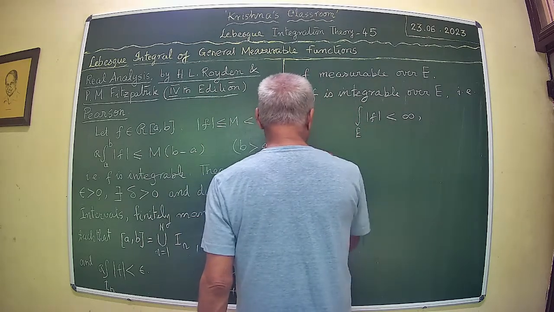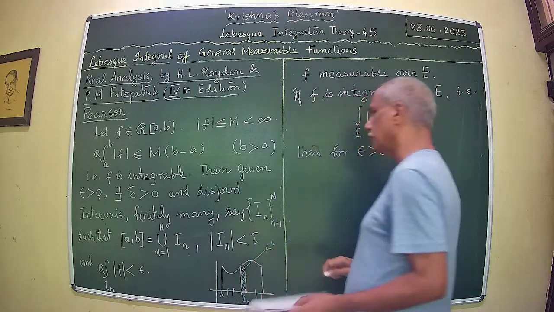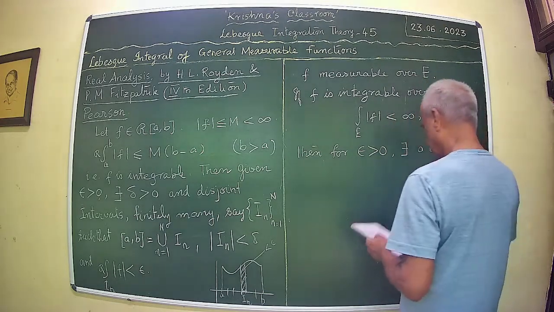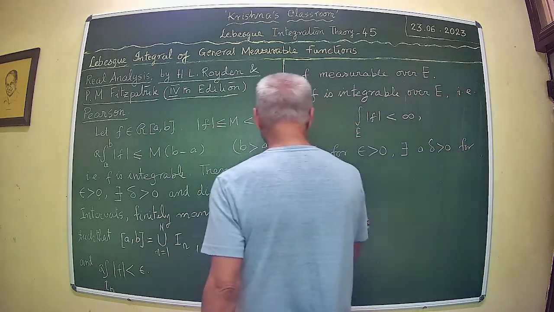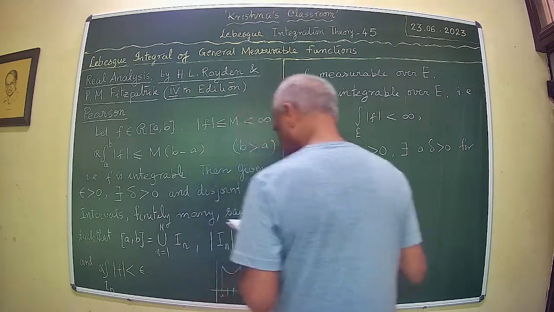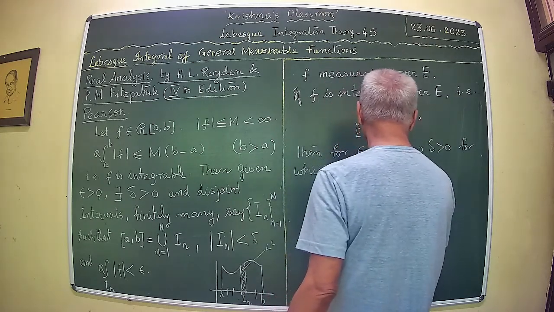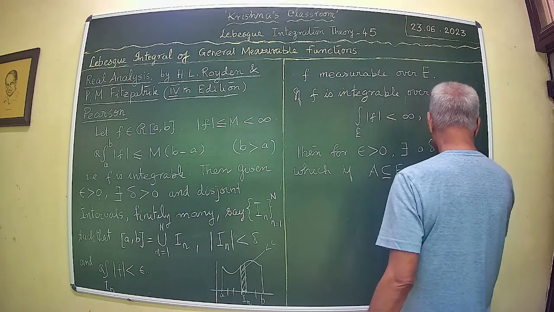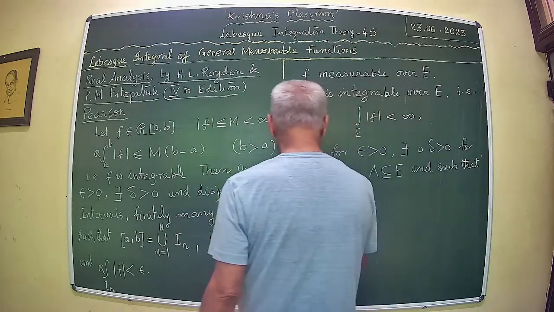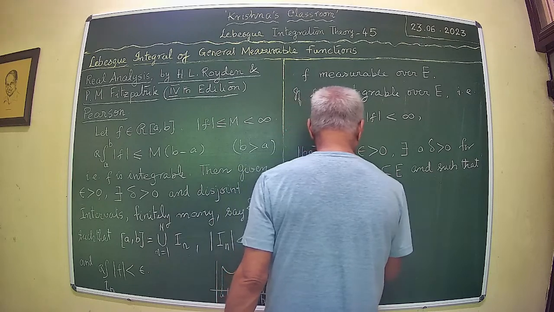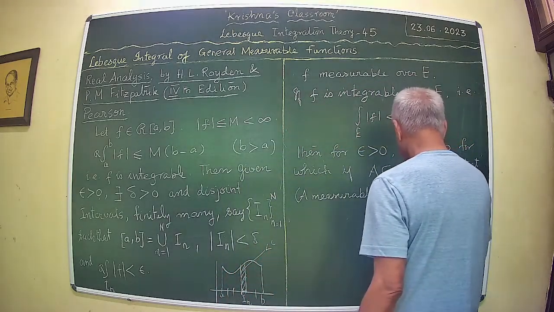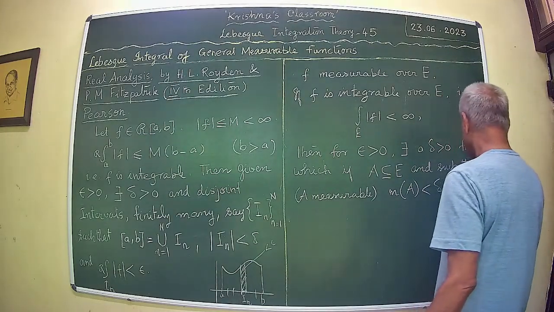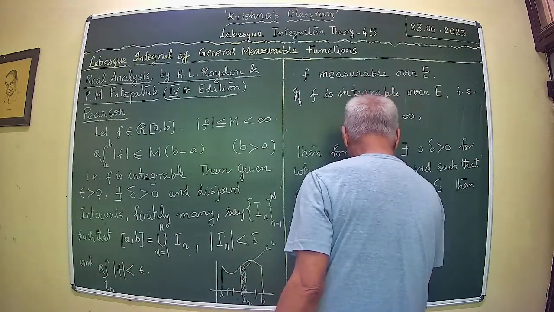Then for epsilon positive, that means for any epsilon positive, there exists a delta positive for which, if A is contained in E, and of course I am assuming A is measurable, and measure of A is less than delta, then the integral over A of mod f is less than epsilon.